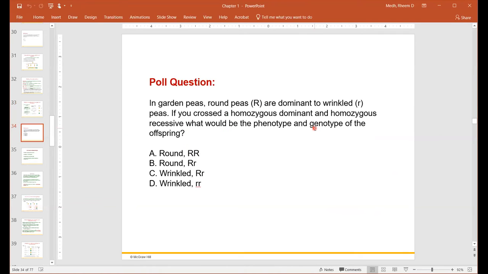Next slide. There's a poll question. I'm going to quickly do this poll and see how you guys are able to answer this. So I'm going to share this poll and I want you guys to answer. Well, I'm going to check the chat if there are anything that needs my answer.